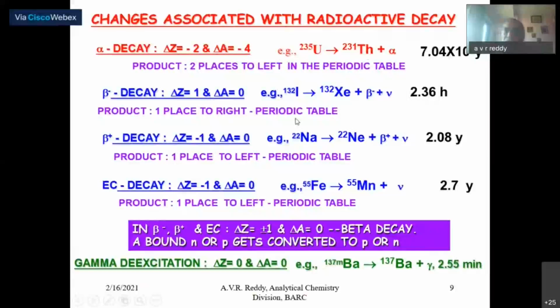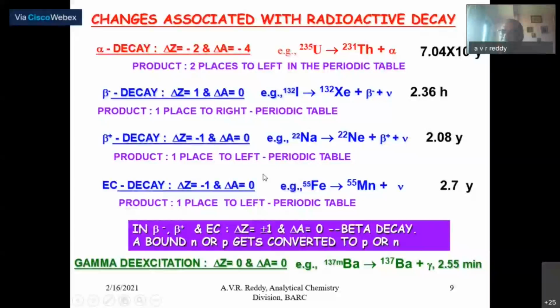I will cover any doubts when we go to the decay process. In the case of beta minus decay, that is fast electron emission, and anti-electron emission and electron capture, the change in the atomic number is either +1 or -1, whereas there is no change in the mass number. This is very important to understand beta decay.